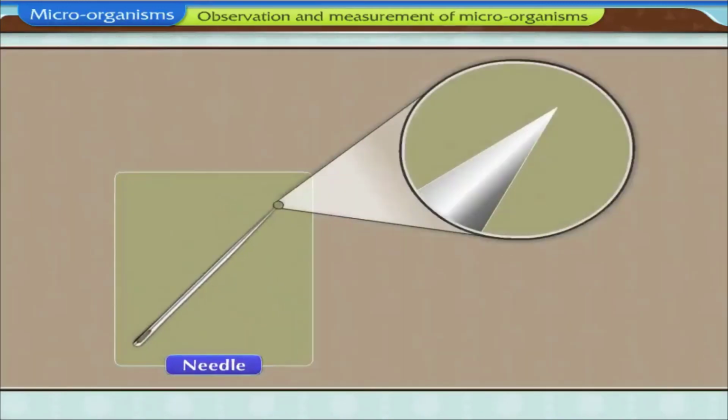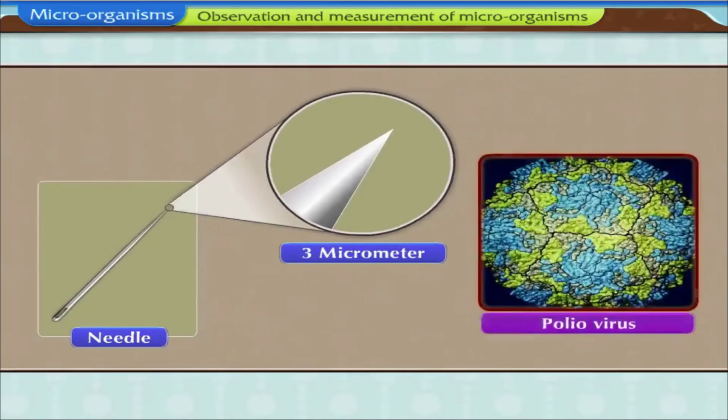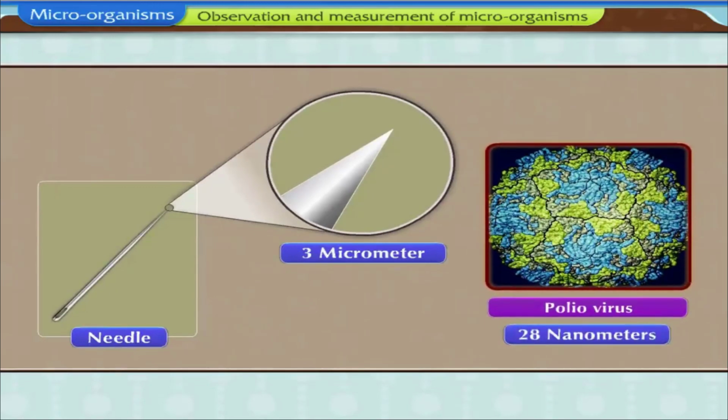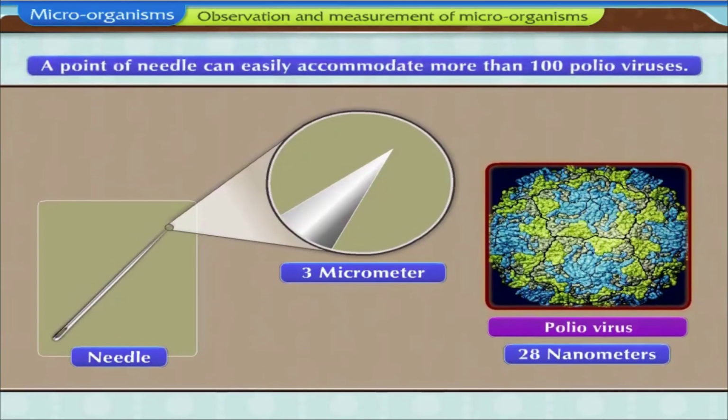The point of a sharp needle is about 3 micrometers in size. We know that the size of a poliovirus is only 28 nanometers. Therefore, we can say that a point of needle can easily accommodate more than 100 polioviruses.